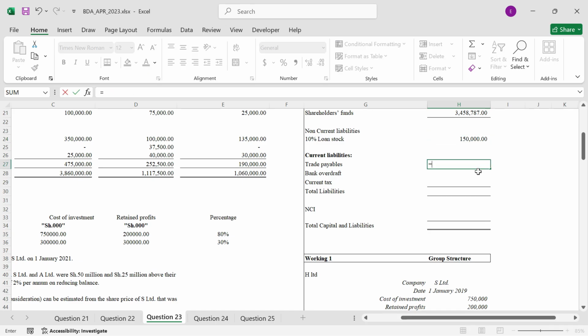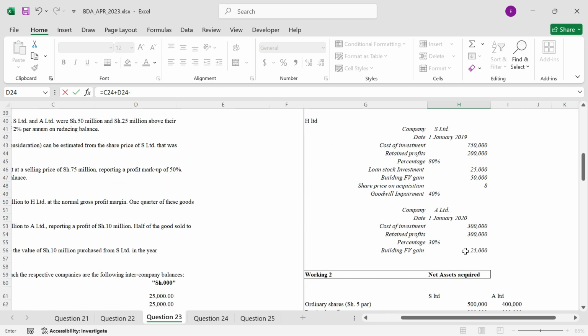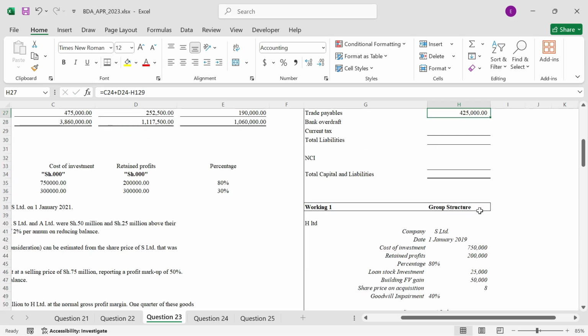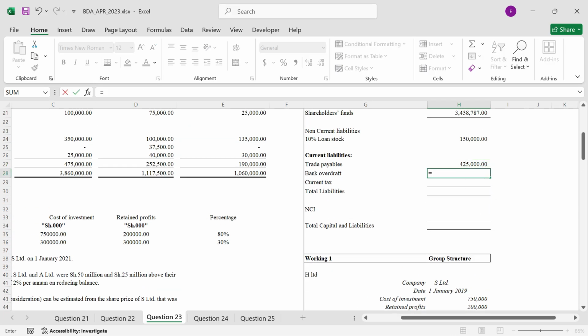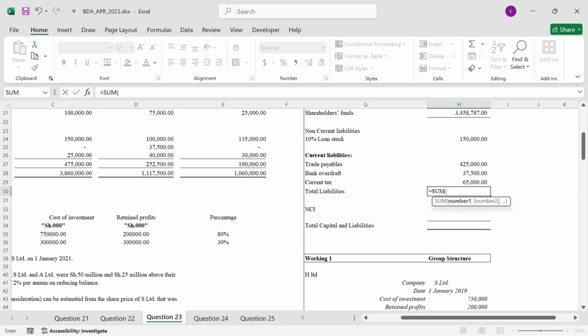My trade payables, again I consolidate in full, but then I remove the intragroup balances, so that plus that minus 5,000. My bank overdraft, no changes. Just a simple combination. In current tax, also no changes. And adjustments should give me total liabilities of the sum of this and this.